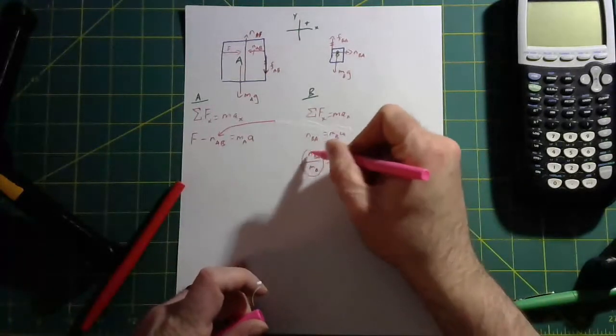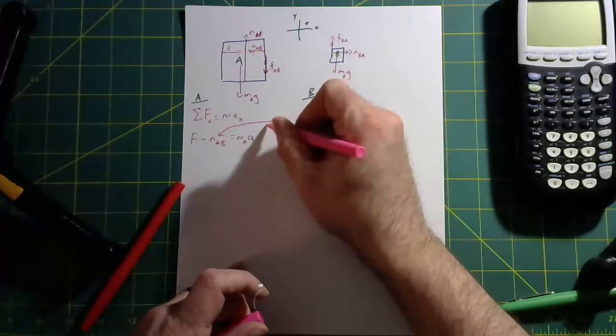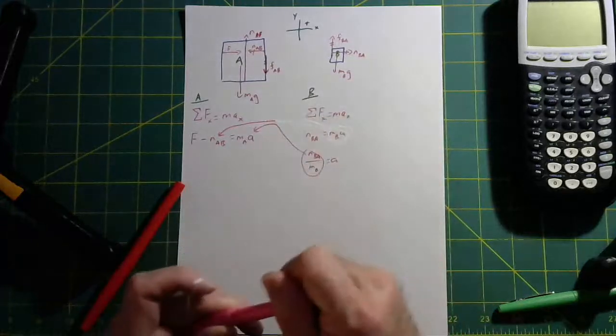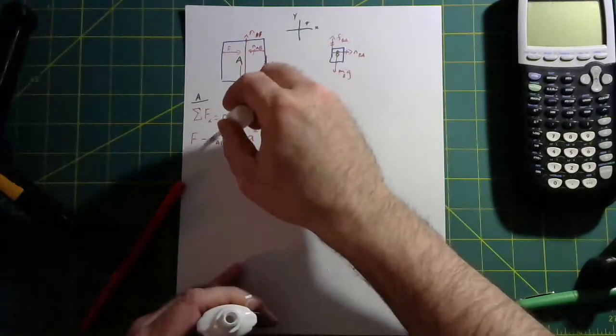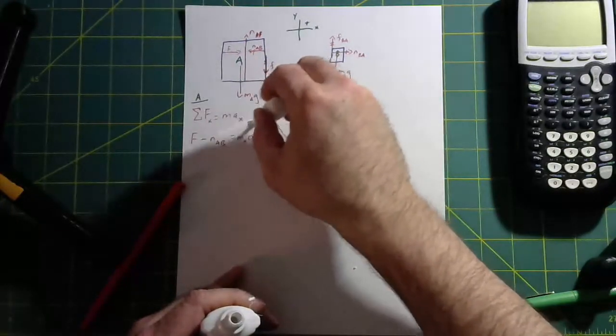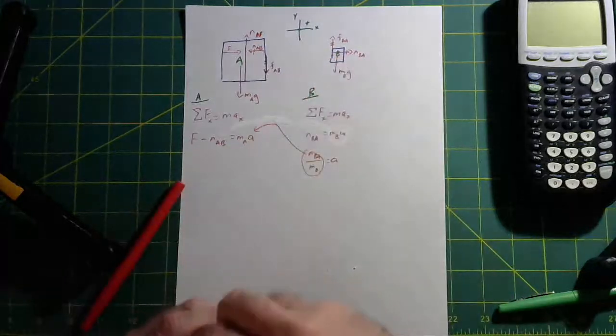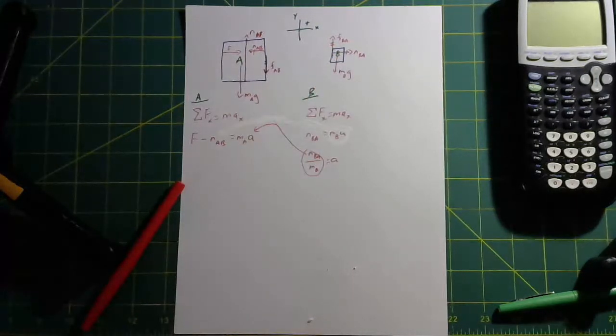I'm going to substitute this in there for A. All right, so that's the substitution I'm going to want to do. That's exciting. Okay, there we go.